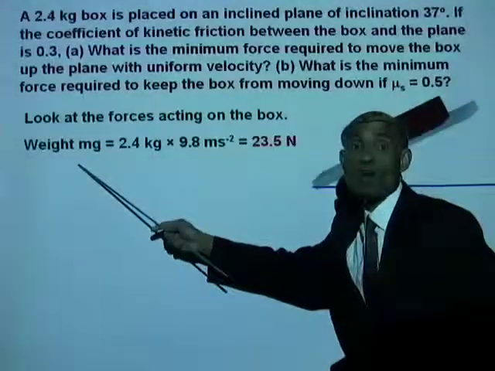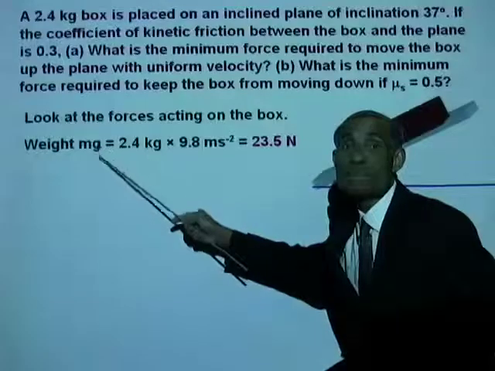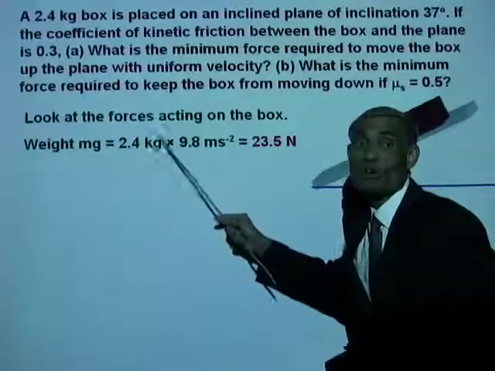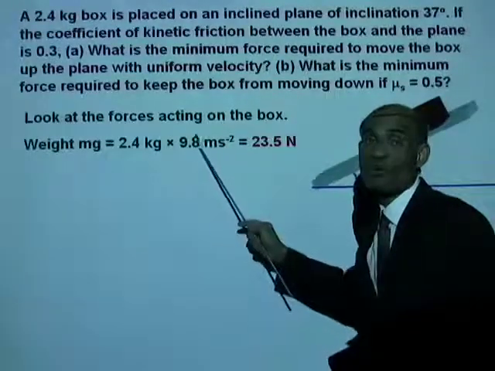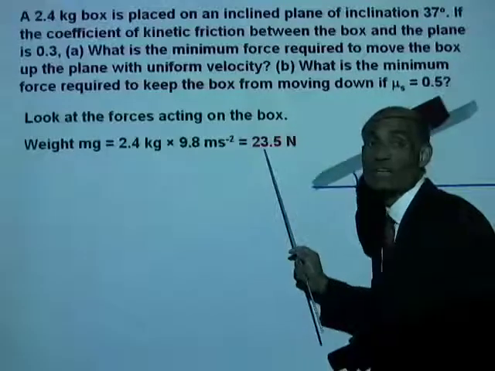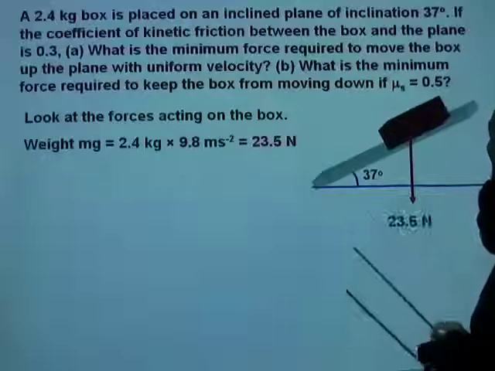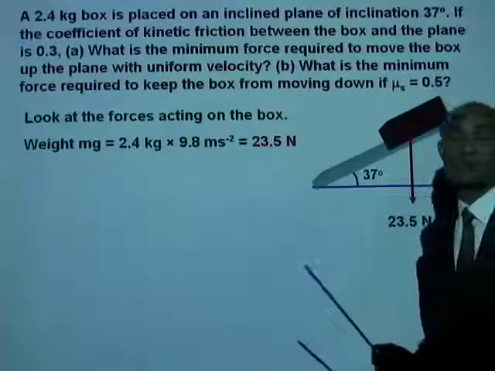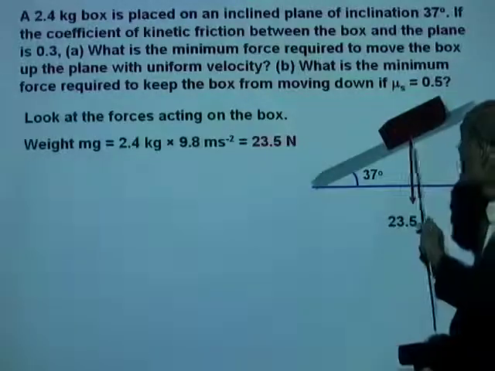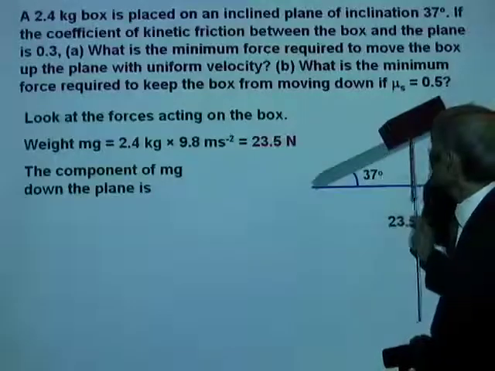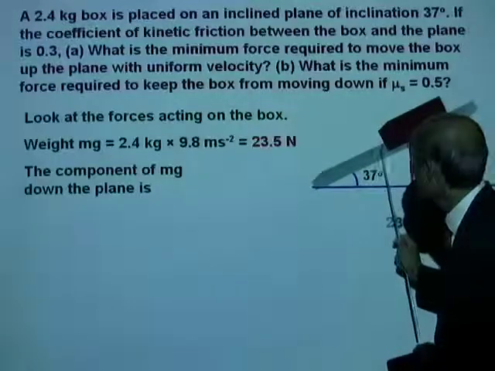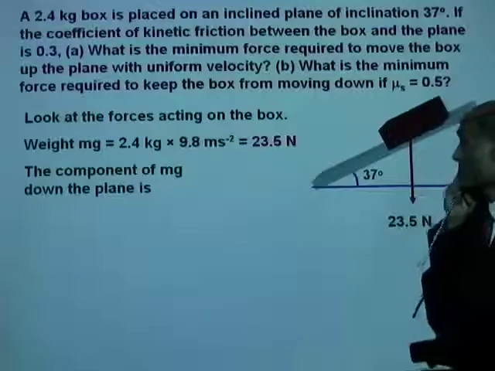The weight of the box equals m g. M is 2.4 kilogram, g is 9.8 meter per second squared. So the weight is 23.5 Newton acting vertically down. Alright, can you tell me the other forces? What is the component that is pulling the box down the plane?